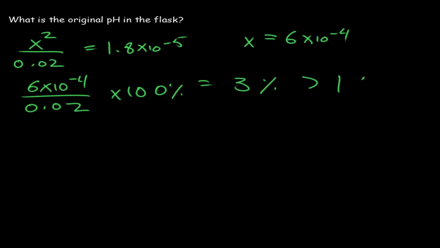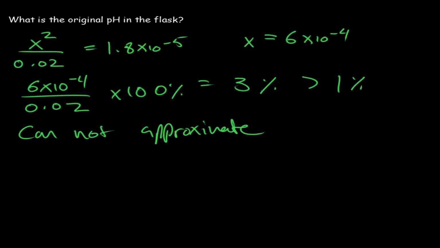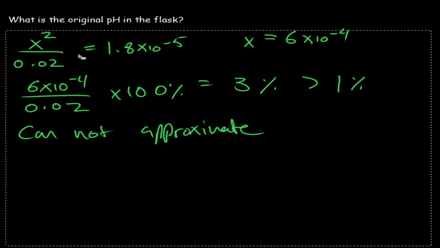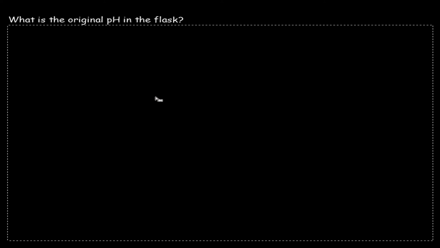And since this is greater than 1%, we cannot approximate X is equal to 0 in our denominator. So what we have to do is use the quadratic formula to find our X value. So again, X squared over 0.02 minus X will equal 1.8 times 10 to the negative 5.